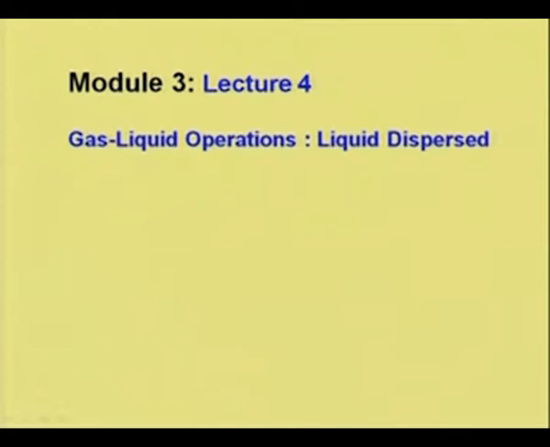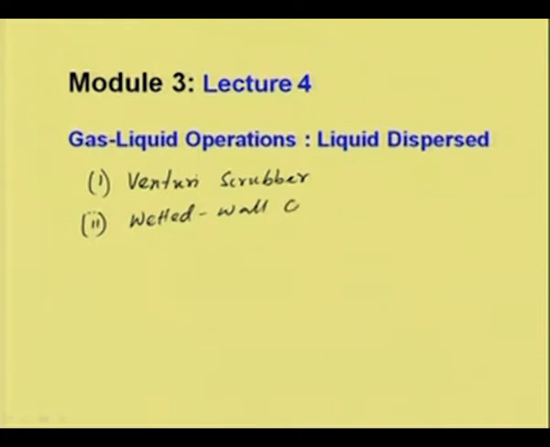equipment. And out of these equipments, the important equipments which are useful for gas liquid operations are the Venturi scrubber, wetted wall column, and packed towers.